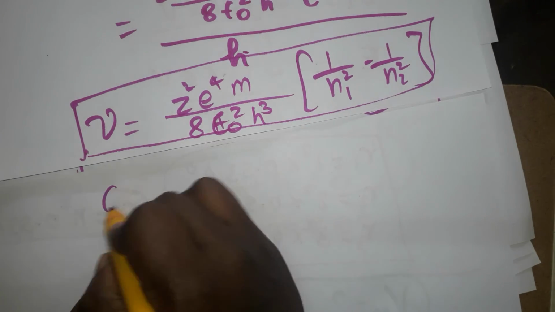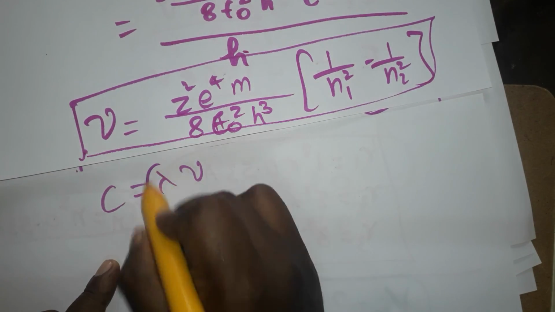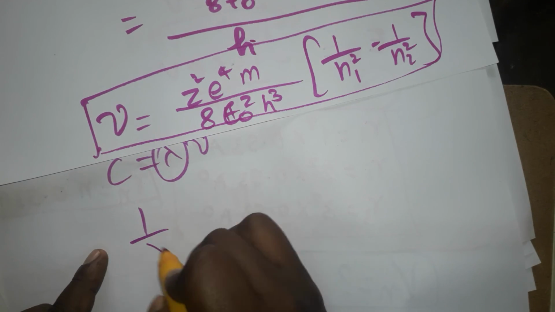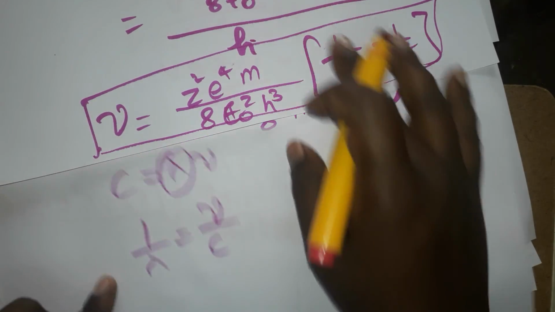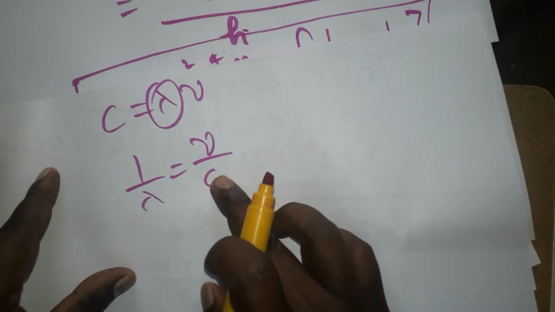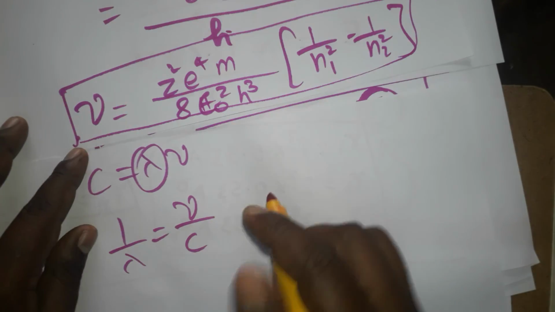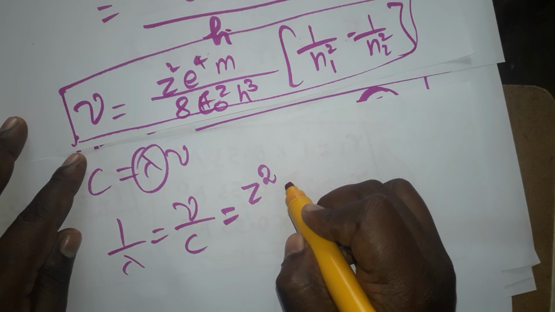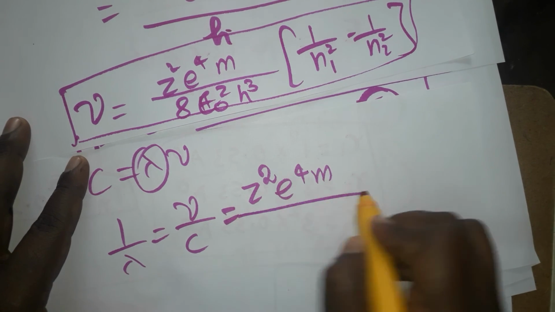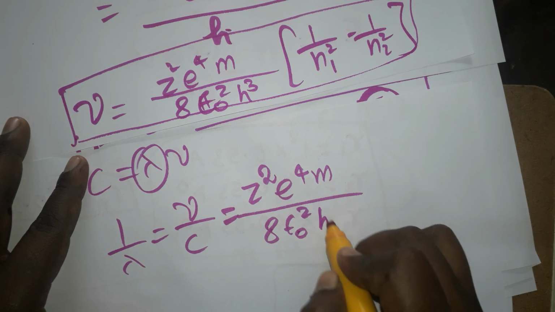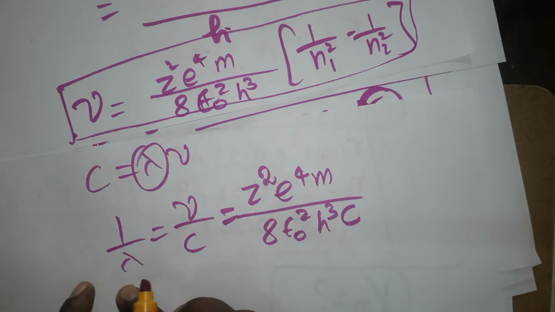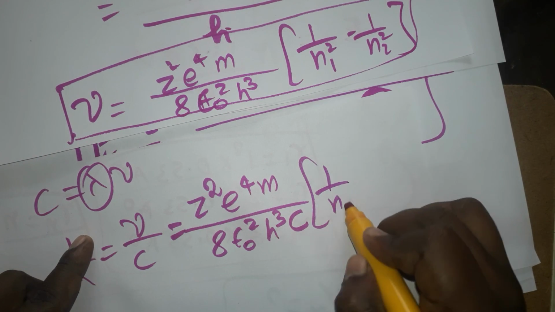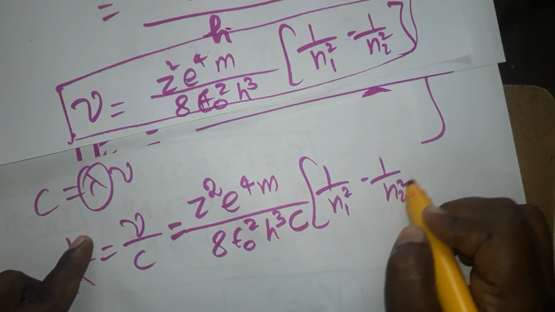C is equal to wavelength into frequency. I want the wavelength, so 1 by wavelength is equal to frequency divided by C. Dividing by C gives us 1 by wavelength. I just divide this equation by C, that's it. So we get z square e power 4 m divided by 8 epsilon naught square h cube into C, because I want the wavelength, times 1 divided by n1 square minus 1 divided by n2 square.